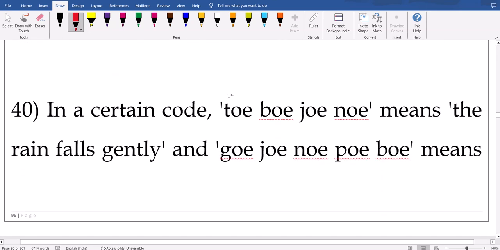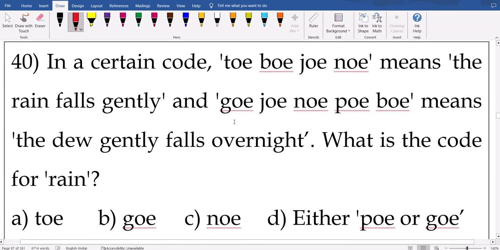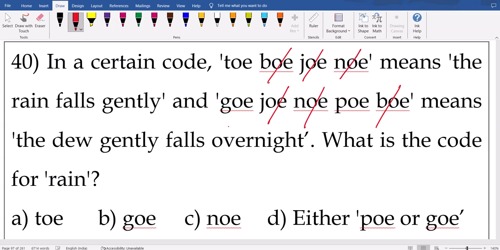Here, they have given 4, 4. Fine, let it be. First, read the question, what they are asking. Code for rain. Now the common thing in the first and next one is that "gently false" is available. So the common here and there is BOE, JOE, NOE, which are out, and "gently false" will be out.